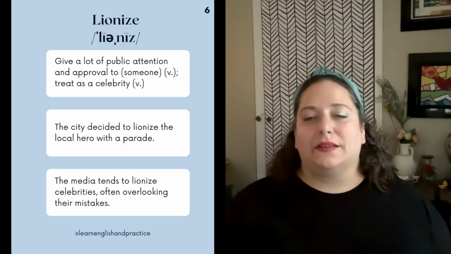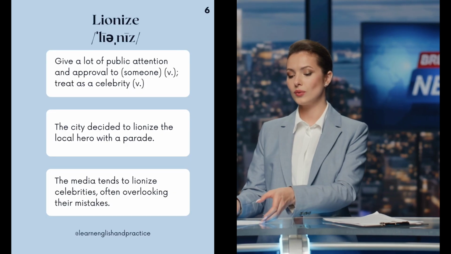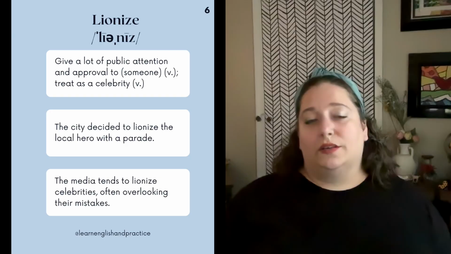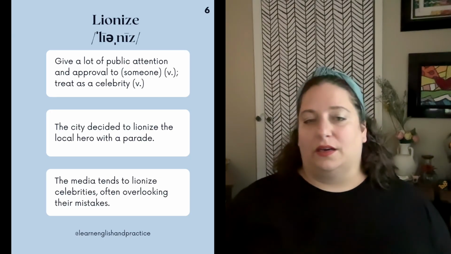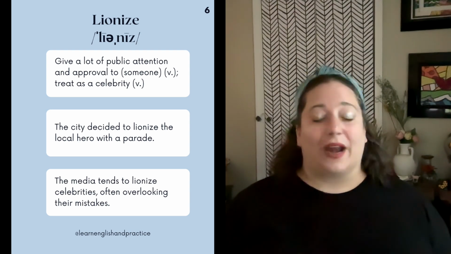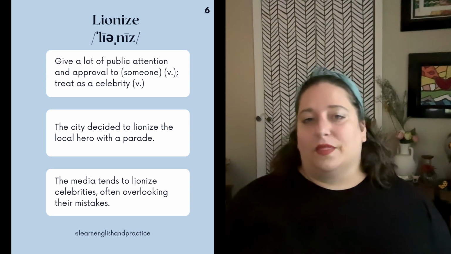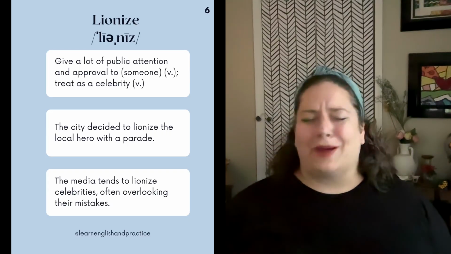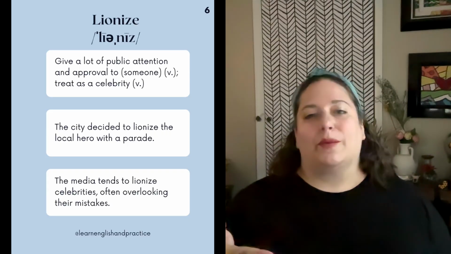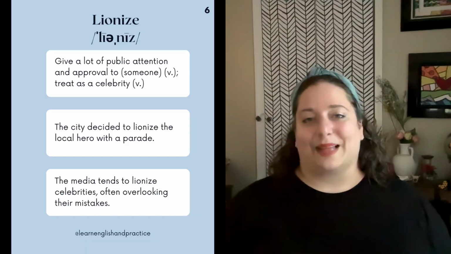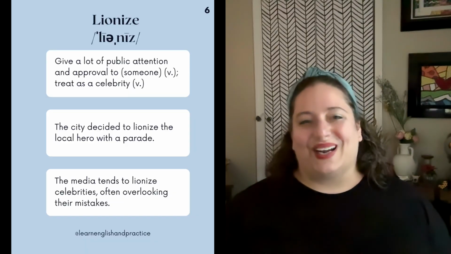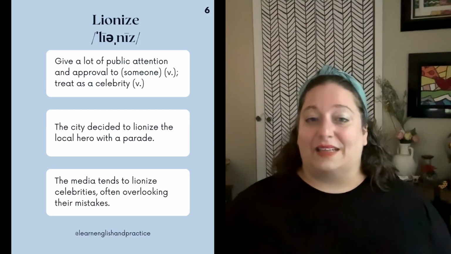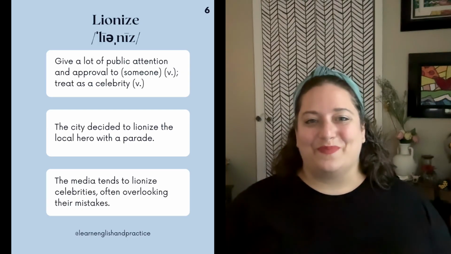And you might lionize a local newscaster, for example. So if you have a local newscaster or a radio personality, they might gain some local acclaim and people might talk about how amazing they are, and that would be an instance of lionizing them. Examples are, the city decided to lionize the local hero with a parade.